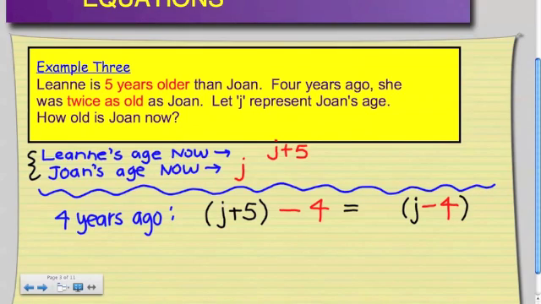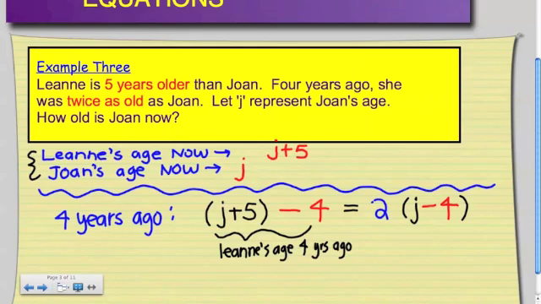And we know that this represents Leanne's age 4 years ago. That has to be equal to twice Joan's age 4 years ago, because 4 years ago she was twice as old as Joan, right? So I've taken the written statements and I've translated them into algebraic statements.